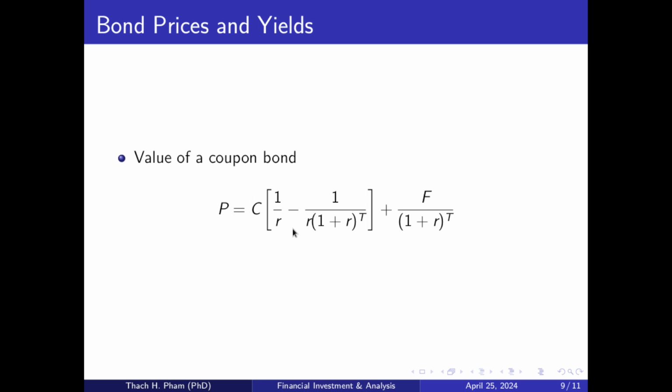This is the discounting of the coupons, and this is the discounting of the face value. Because the coupons are equal, we can use the annuity formula here.